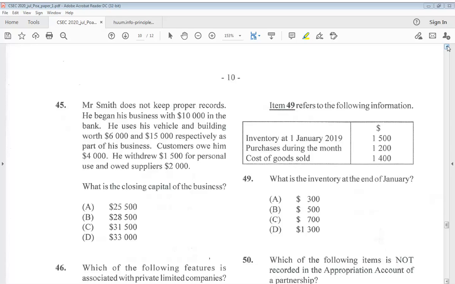Now we know this question has been repeated. So we have our opening stock 1,500. We add our purchases 1,200. That's a total of $2,700. And we less our cost of goods sold, which is 1,400. And therefore, we arrive with the inventory of 1,300, D.